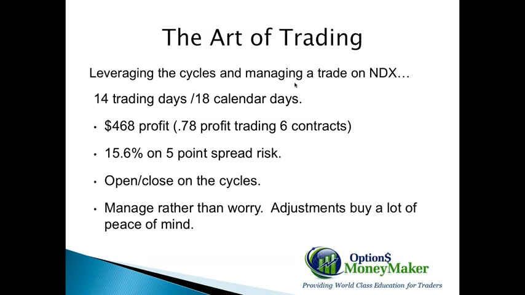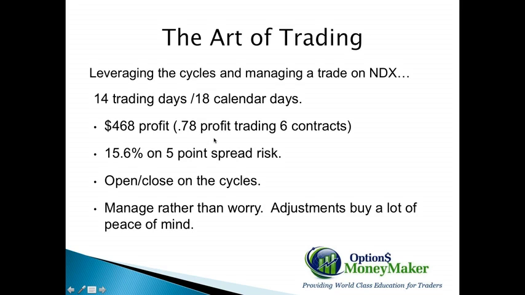Leveraging the cycles and managing a trade on NDX resulted in an overall profit. Now, it wasn't as big of a profit as we thought we might end up with when we first started this trade, but it did end up resulting in a profit. We were in the trade for 14 trading days, 18 calendar days.